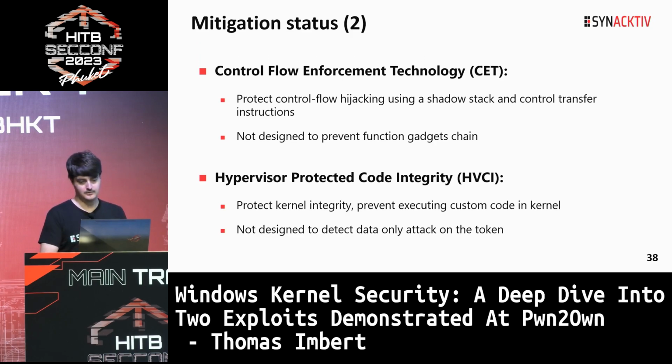It only prevents corrupting the return address or jumping to the inside of a function. And HVCI is also not a mitigation that is designed to prevent us from getting LPE, because it's only trying to protect kernel mode code, and we are not executing custom code, we are executing the code of the kernel.